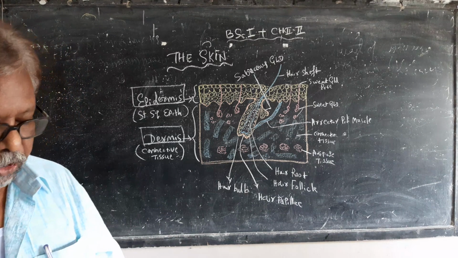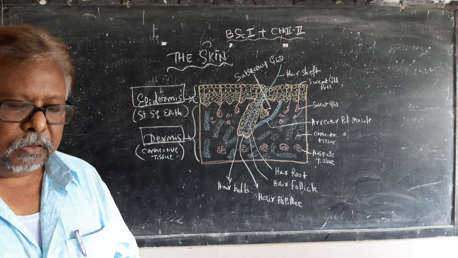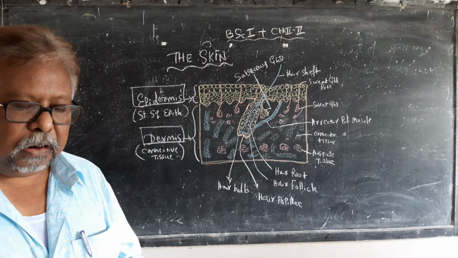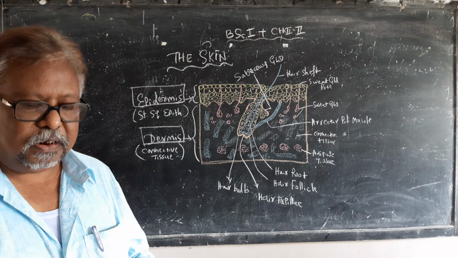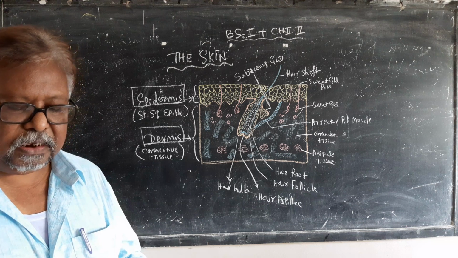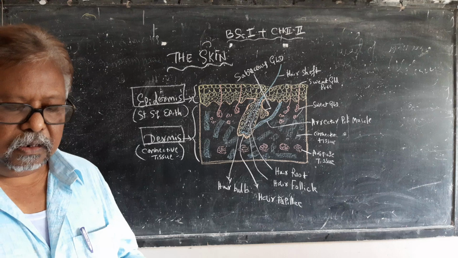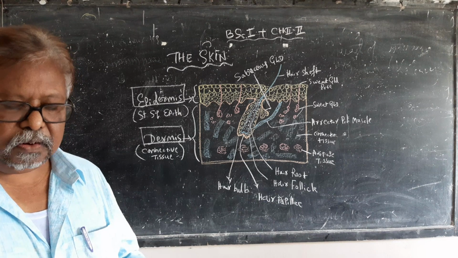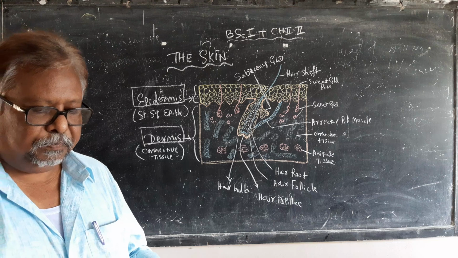Then today we are going to study about the dermis. Also we have studied the dermis, in which structures like small blood vessels, lymph vessels, sensory nerve endings, sweat glands and their ducts, hairs, erector pili muscles, sebaceous glands and nails are present.